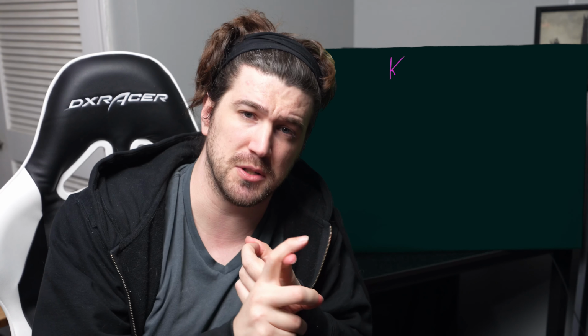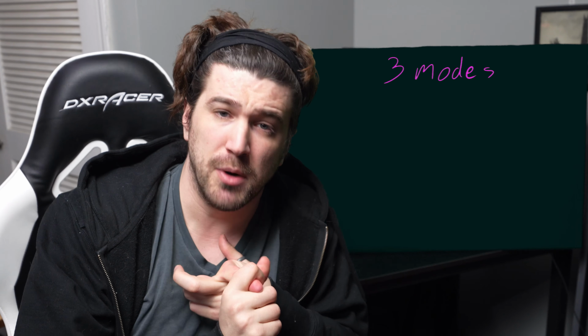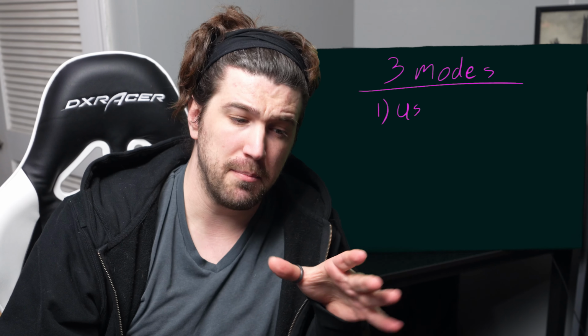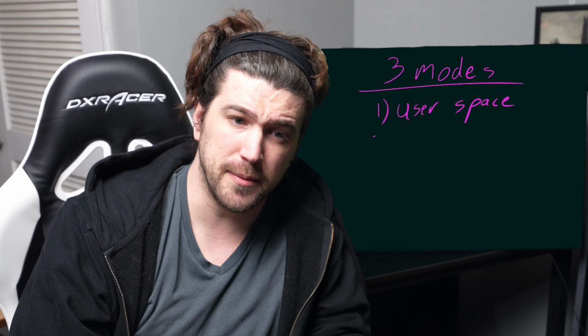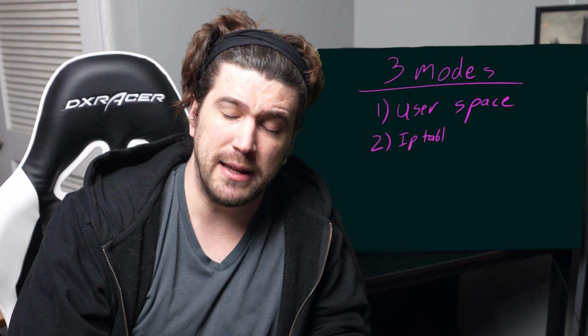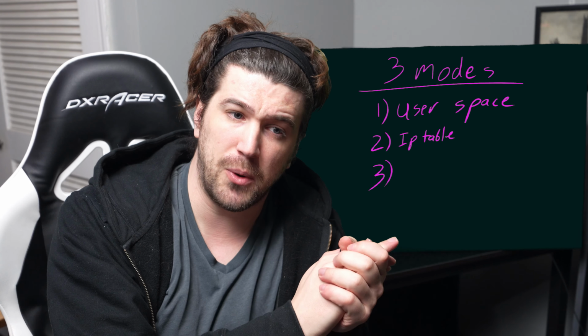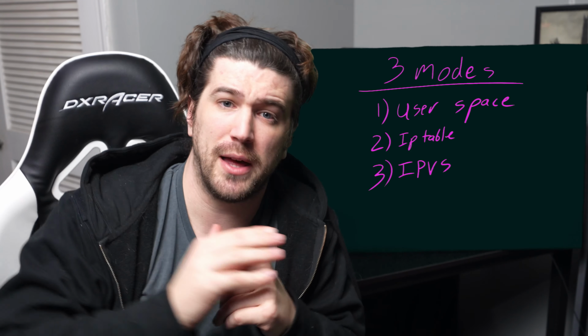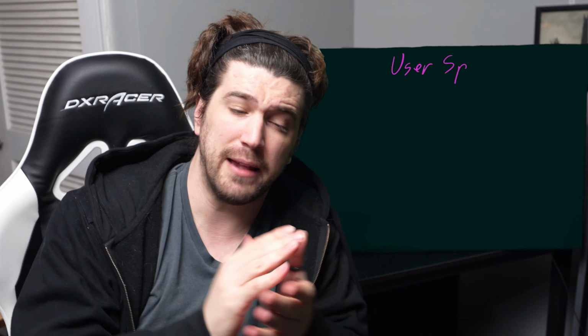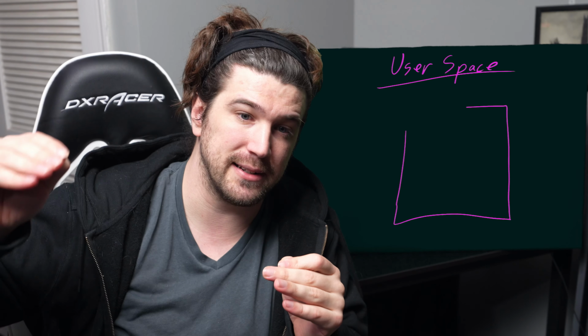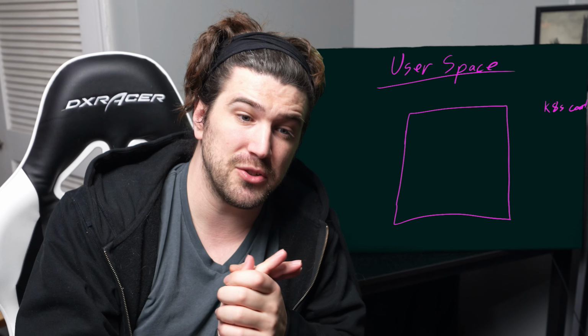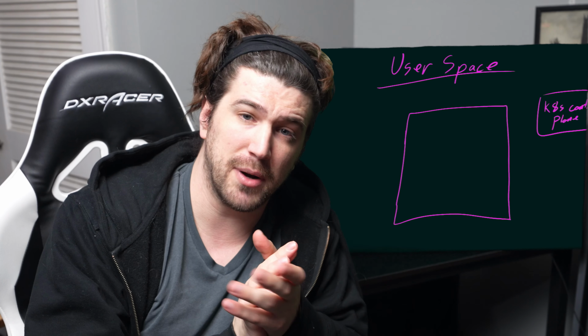The first is user space mode. In user space mode, it actually listens to a port, and when it gets requests on that port, it proxies them to that service. So at that time, kube-proxy is actually acting as a proxy. But this is the only mode in which it acts as a proxy.